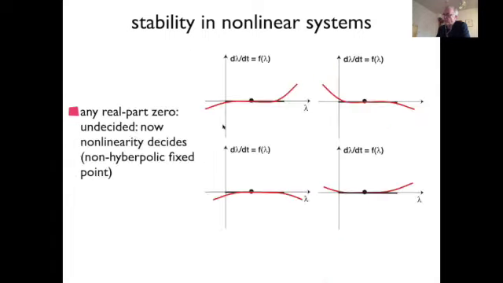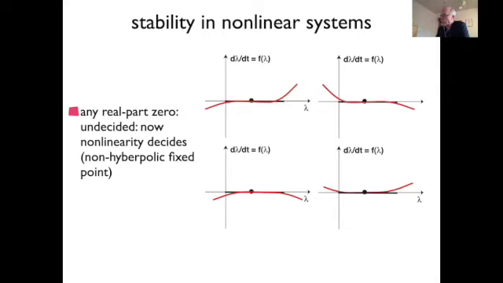And now you see why a slope equal to zero doesn't determine stability. Let's start with this one here. This would be an example where you go through zero and just become flat.